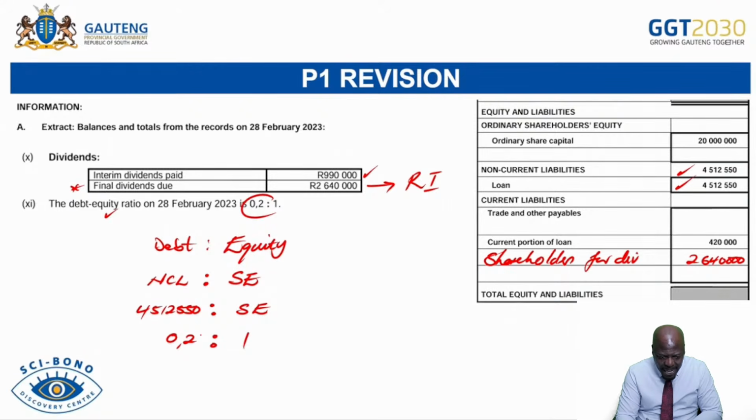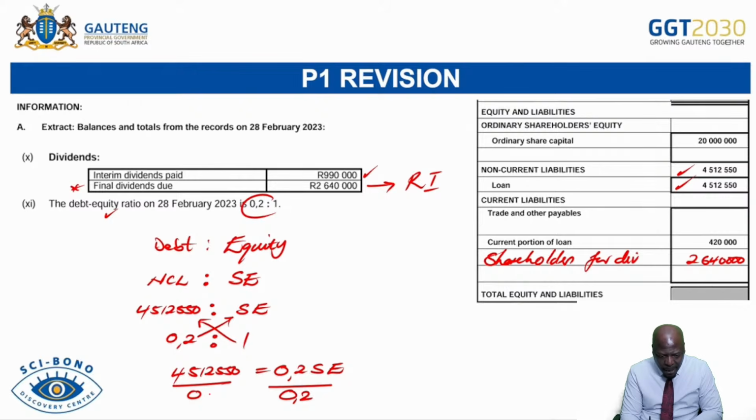What do I do when I get here? I cross multiply. That means I'm going to say my 4,512,550 is therefore equal to 0.2 shareholders' equity. And to get that one, I divide everything now by 0.2.